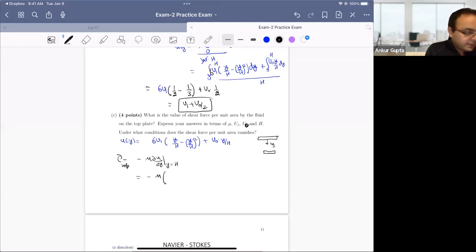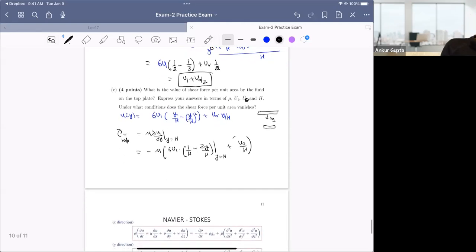So we'll take the derivative. Now 6u1 into y by h is 1 by h minus 2y by h squared, plus u0 by h. And the right hand side is just constant, doesn't depend on y.